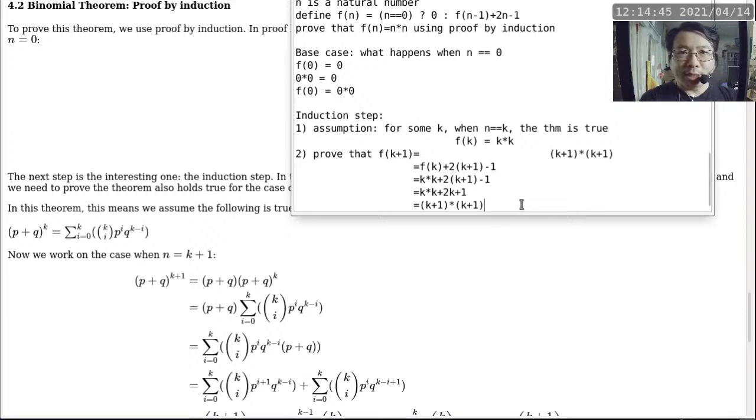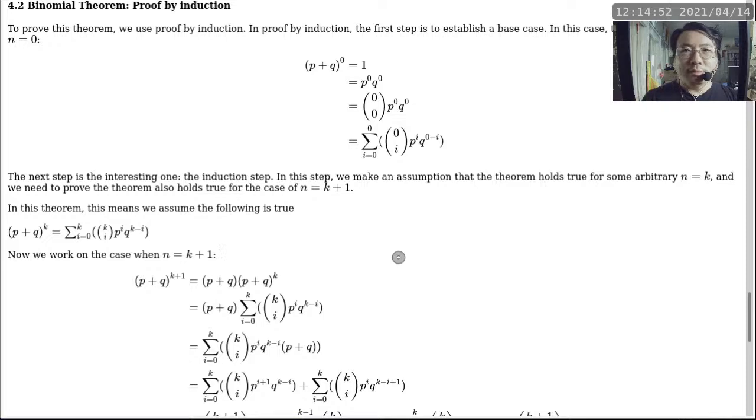Okay, alrighty. So that's proof by induction, which looks like a little side dish, since the main topic here is about discrete probability, but proof by induction is a very important topic by itself. Because a lot of proofs in algorithms, like the correctness of algorithms, are also done by proof by induction.